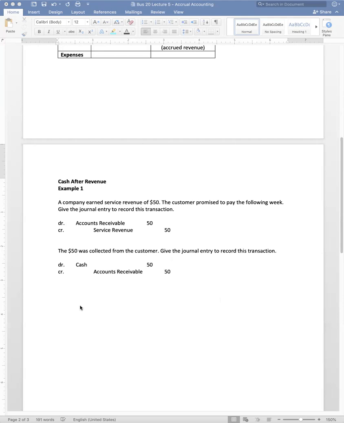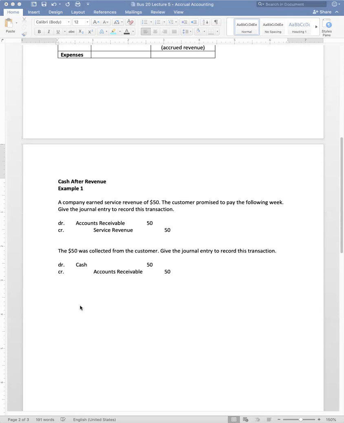For example, if you've ever gone to a concert or a sporting event and purchased a ticket, you paid for it in advance, right? You paid for your ticket, and maybe you had to wait weeks or months until the event. And the company didn't earn the revenue until you went to the concert or the sporting event and you watched the show or the game, right? That's when they earn the revenue, but you paid for the ticket well before that, right? Another example would be something like a streaming service, right? So you will pay in advance for a month of streaming service.